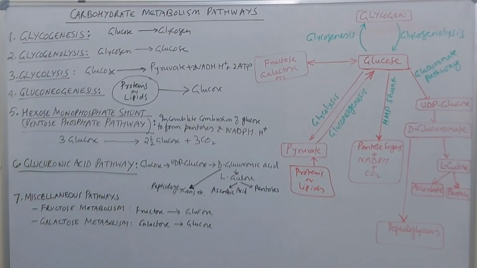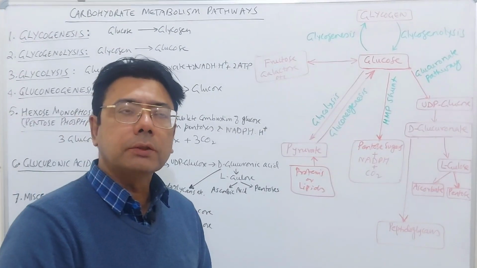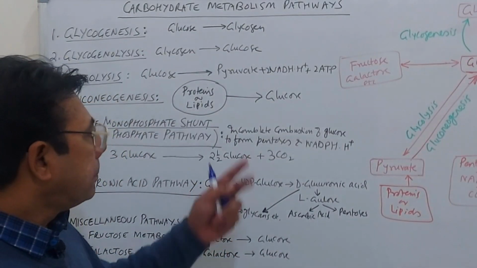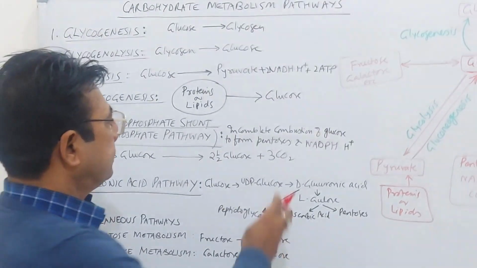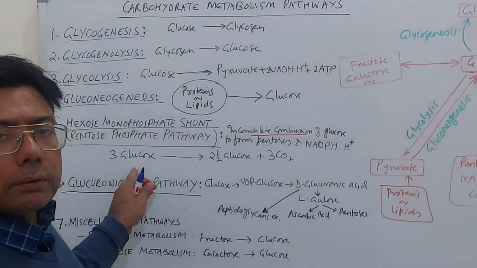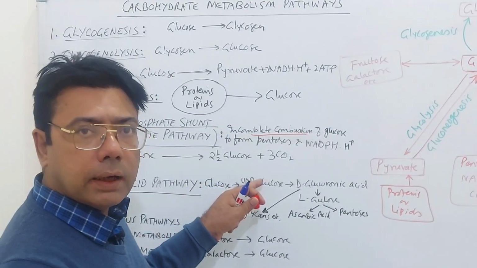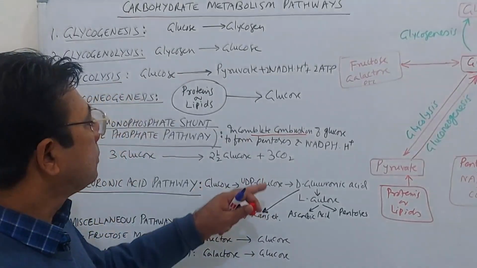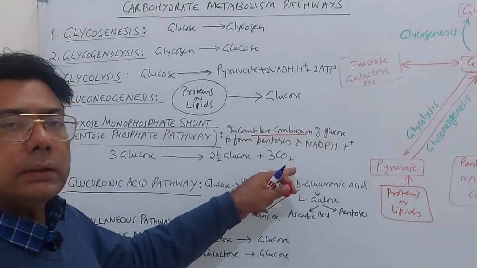Then the next pathway is called the HMP shunt, or hexose monophosphate shunt, and in this process incomplete oxidation of glucose takes place. There is incomplete combustion of glucose, in which 3 glucose molecules convert to 2.5 glucose molecules, which are restored, and half of a glucose molecule is released as CO2.